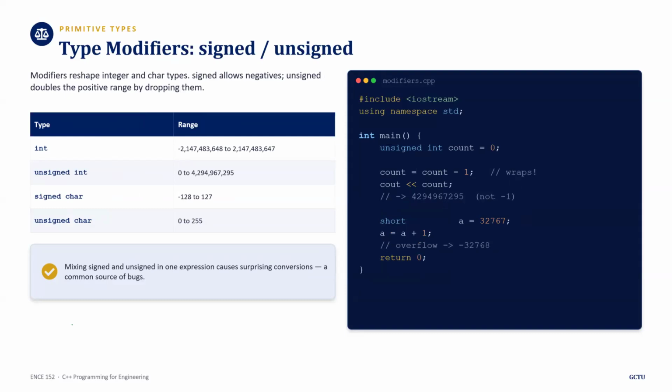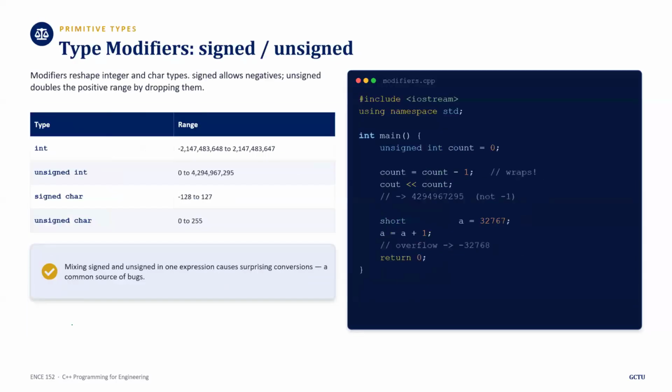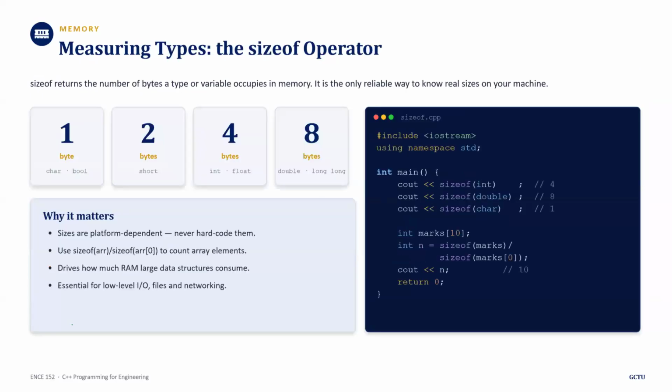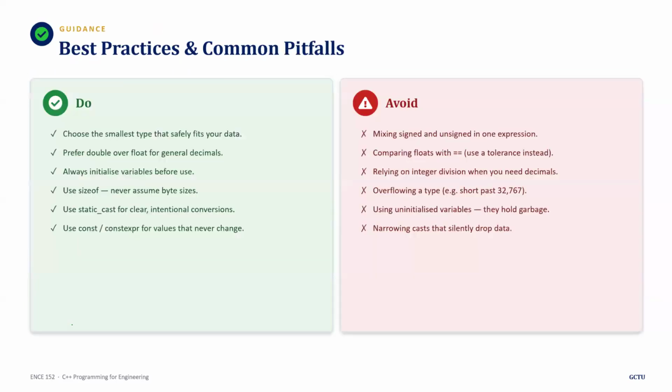Modifiers allow you to do signed and unsigned numbers. If a number is signed, it means that it can be positive or negative; if it's unsigned, it is only non-negative, things like that. Very important.